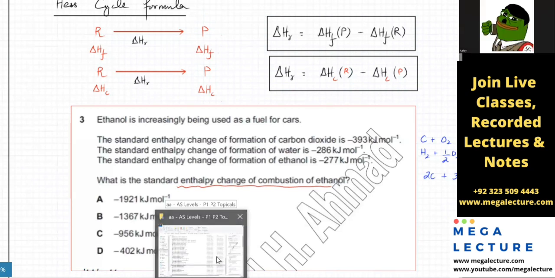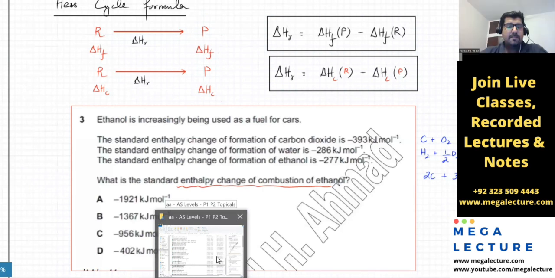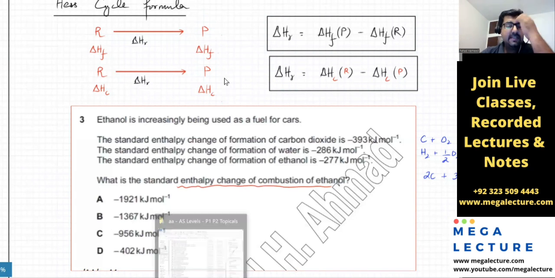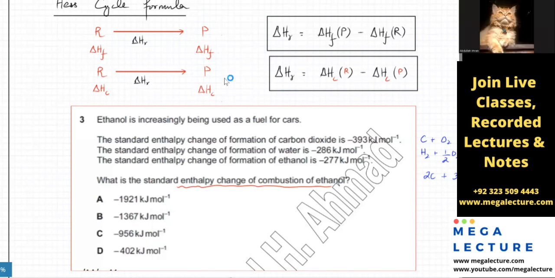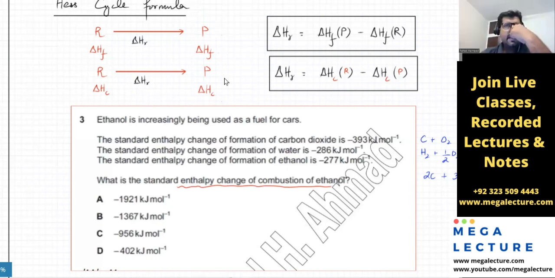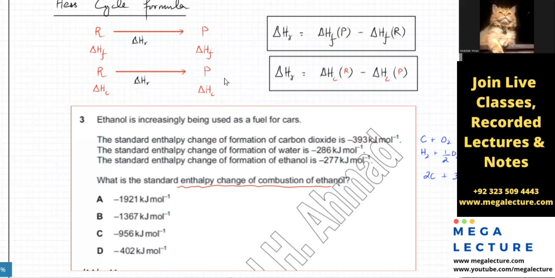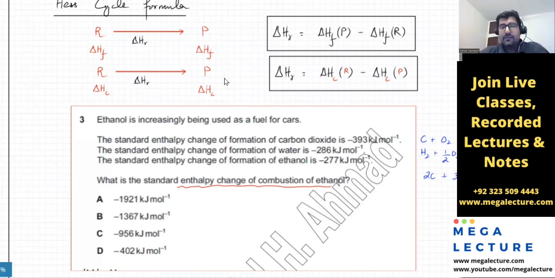Sir, same goes for the visualization. There's no formula for that. And also remember, when we did enthalpy of combustion, I told you that the enthalpy of combustion of things that have already combusted is 0. Like carbon dioxide, enthalpy of combustion would be 0.